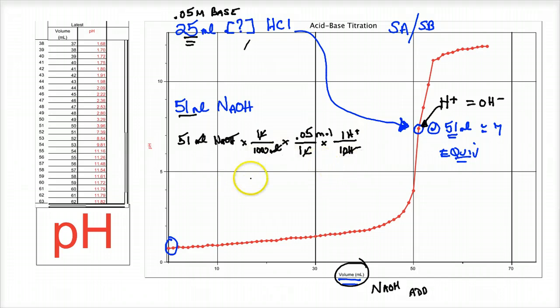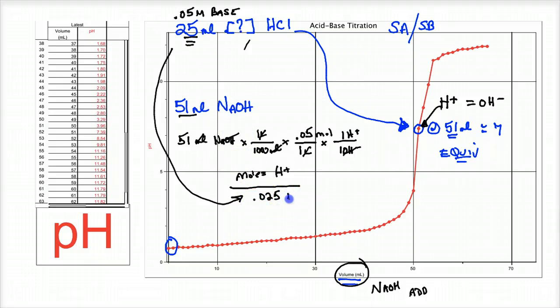Now, once I have moles of H pluses, what am I going to do with that? Well, I'm going to divide by the volume that's in the beaker, and that's 0.025 liters.